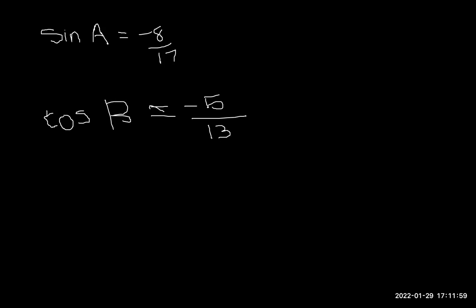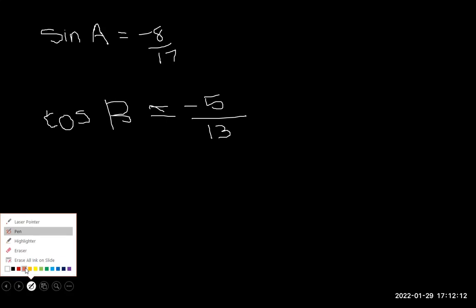They also gave you a range for B. They said that B is greater than 90 but less than 180. So what exactly is the significance of that range? Well, we'll see that just now, right?